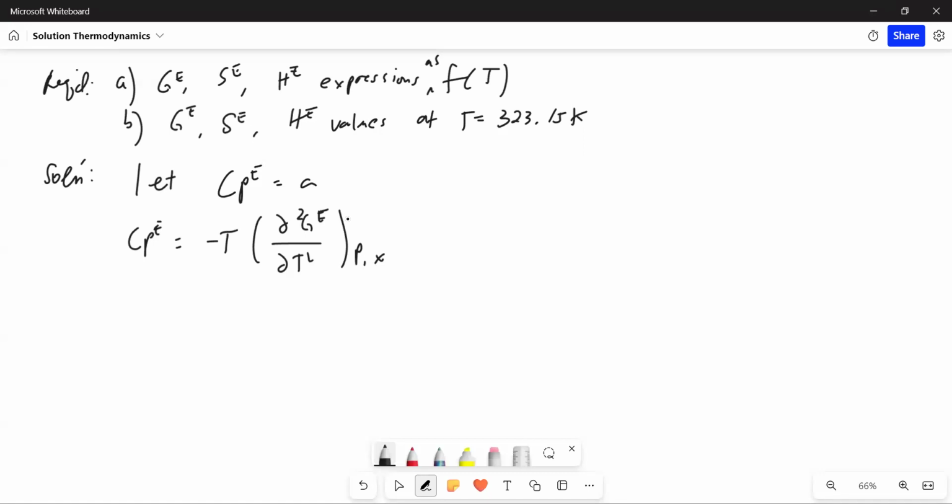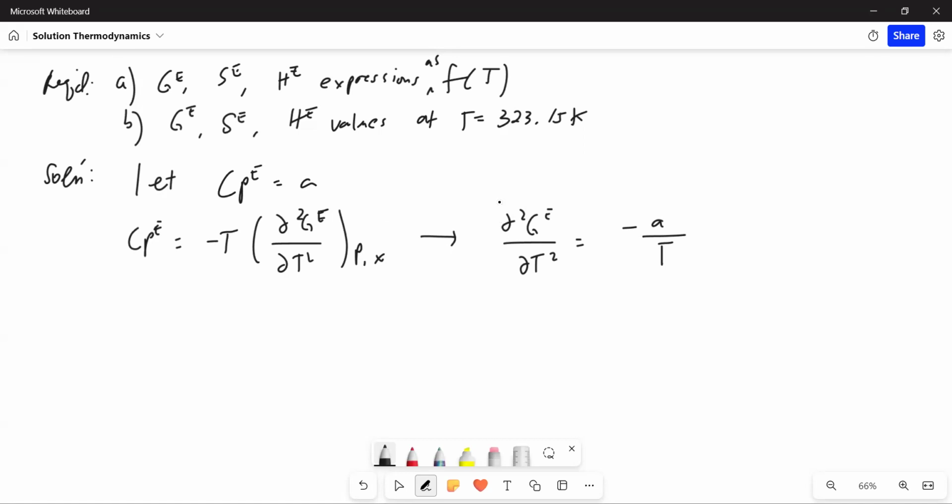So if we replace CPE with A, let me write it this way. Second order derivative of GE with respect to T is equal to negative A over T. So just replacing CP with A and moving negative T to the left-hand side of the equation. So our equation is transformed to this one.